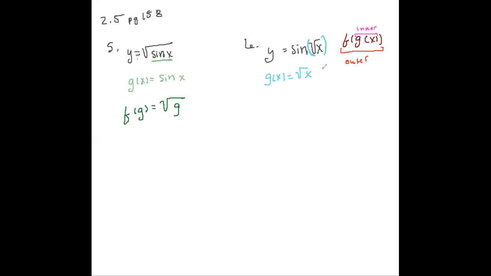And then I can go ahead and say f of g is equal to sine of g. So this is how I would start breaking down composite functions. Do you guys want to just go ahead and try a couple more of these, or do you want to actually find the derivative of these functions?